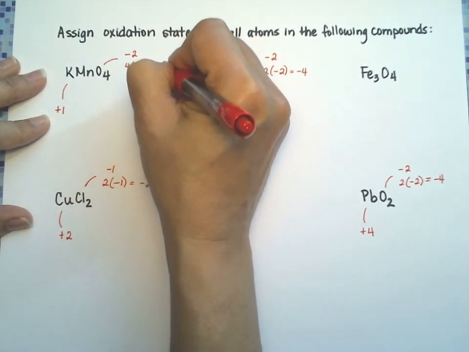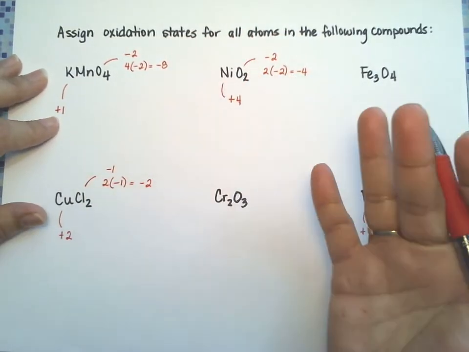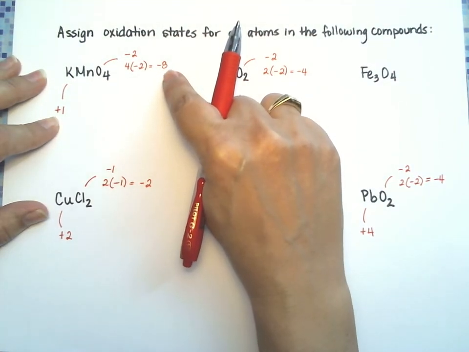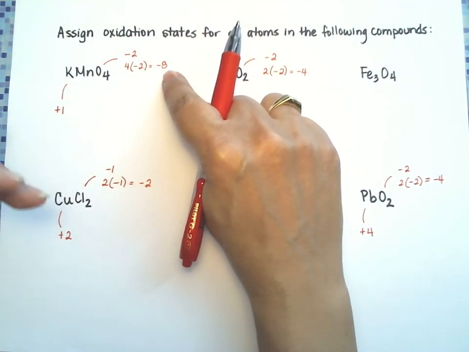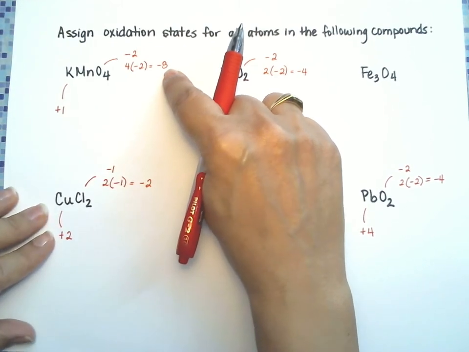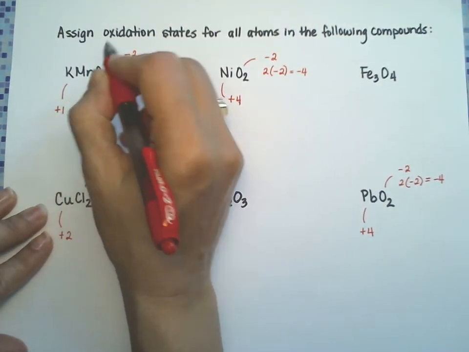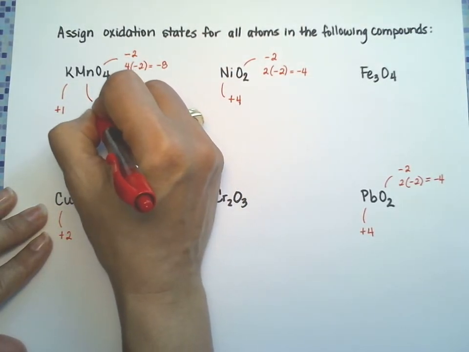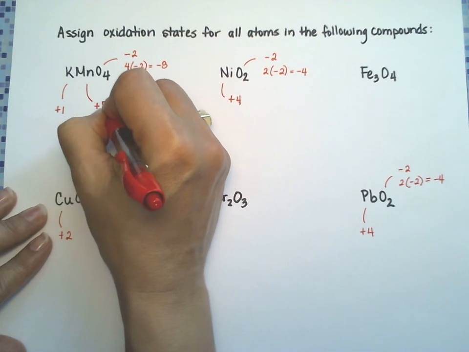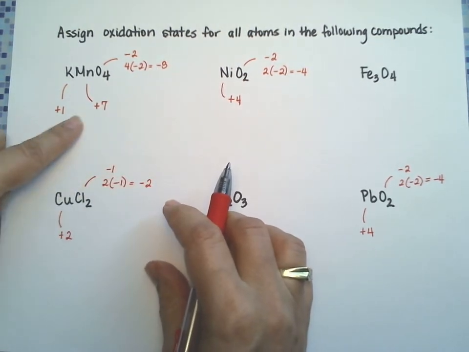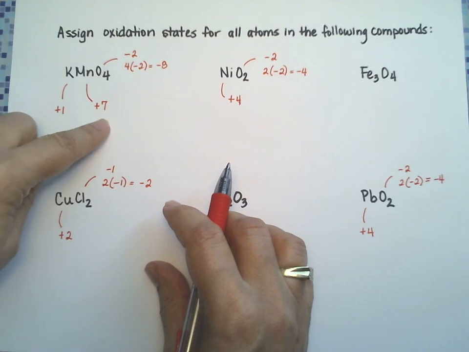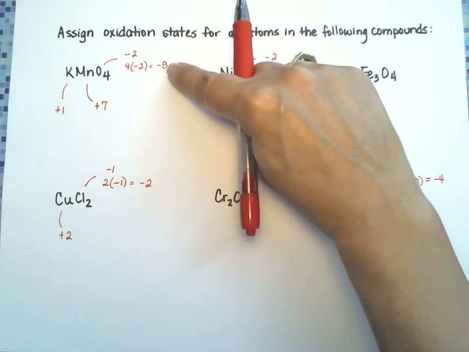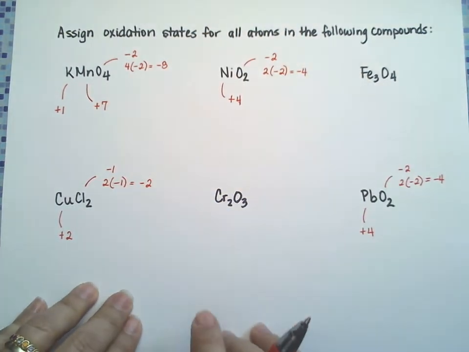So that's 8 negative charges. So now, the charge of the manganese. The potassium is neutralizing one of the negative charges from the oxygen. So now I have 7 negative charges. And the manganese is actually neutralizing all of them. So we have to have a manganese that's +7. So I have 8 positive charges between the potassium and the manganese, neutralizing the 8 negative charges of the oxygens.